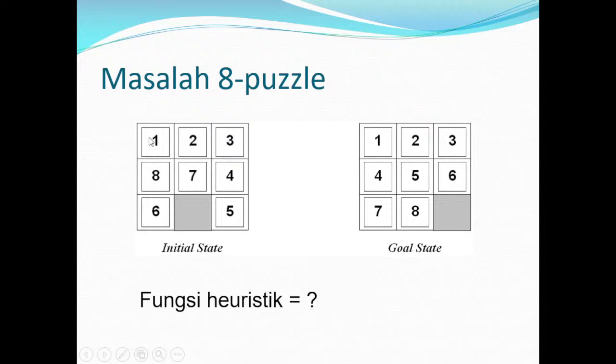We will sum up: since the first block is already in its position, we don't need any step for it, so we have 0, plus the second one also 0, the third one also 0. Meanwhile, for the fourth, since the correct position is over there, it will need 1 step and then 2 steps, so we have 0 plus 0 plus 0 plus 2.